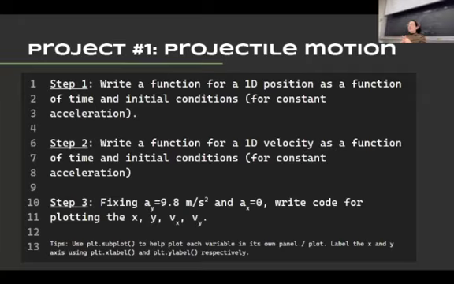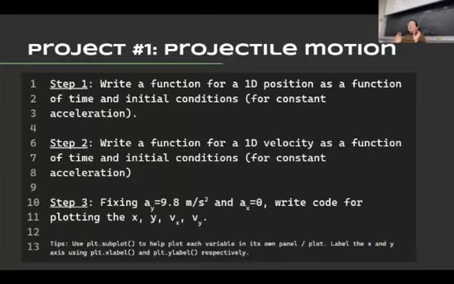Step 2 is very similar, right? A function for 1D velocity as a function of time and initial conditions. First one is position, second one is velocity, and then you're going to go through a couple different things. You're going to write some code that basically makes the plot of a projectile. So it's just a quick little parabola, but it's in the context of physics and throwing a ball.